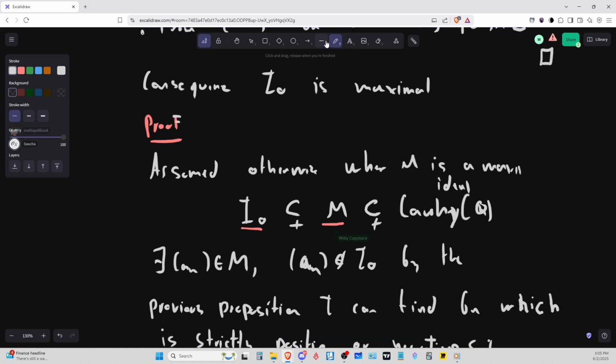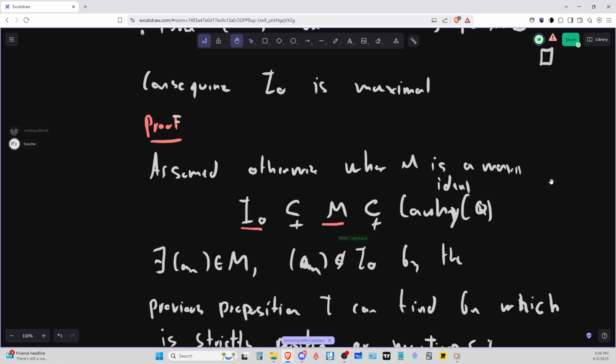Basically, maximal just means that among all the ideals you can compare with, you're the biggest. But as in the example with multiples of 2 and 3, you might not be able to compare every pair of ideals.